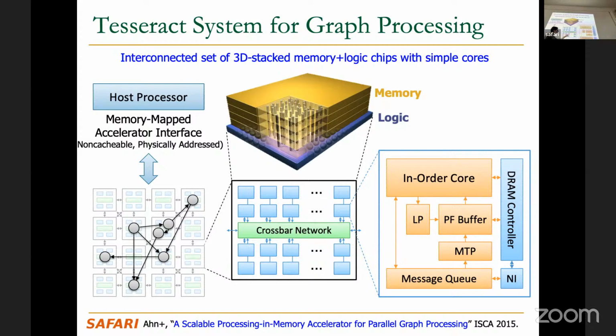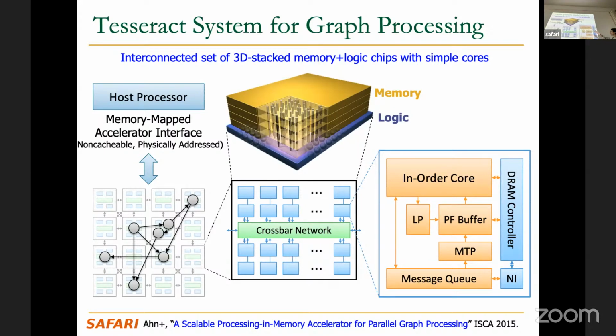As you see from the in-order core, we can access the DRAM layers, and we can also communicate through the crossbar network with other cores in the same logic layer of the 3D-stack memory.